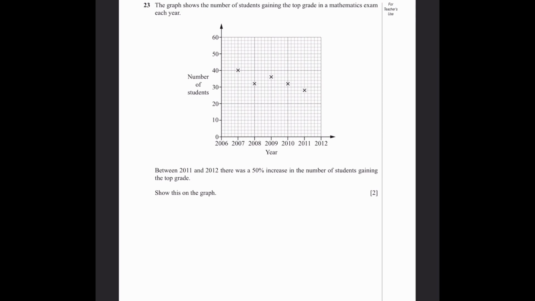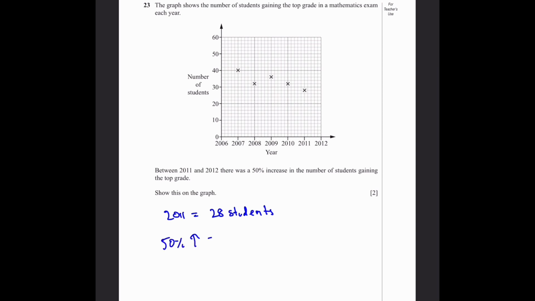Show this on the graph. So now we have 2011. We can see there's an x right there, and that x corresponds to this line and this point here, which is 28 students. So 2011, there are 28 students who get a top grade.